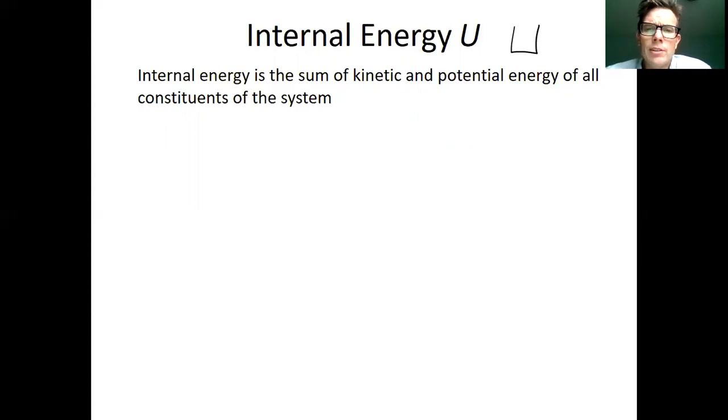The internal energy is the sum of the kinetic and potential energy of all constituents of the system. So if I have some collection of gas molecules and I add up all of the kinetic energy and all of the potential energy of every single molecule in the system, I get the internal energy.